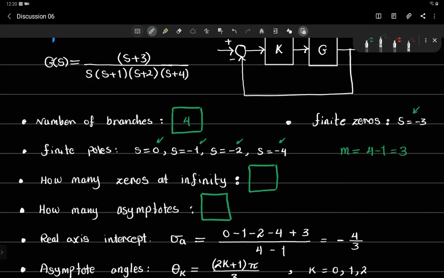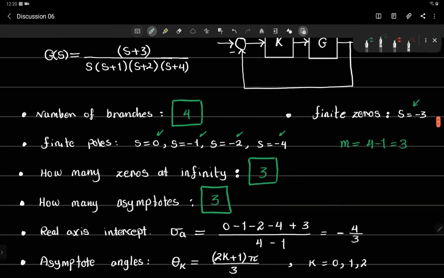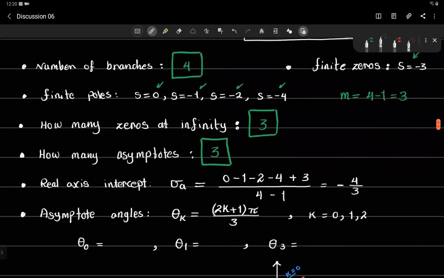In other words, we have 3 asymptotes, because the number of asymptotes is equal to the number of zeros at infinity. So far so good. Any questions?